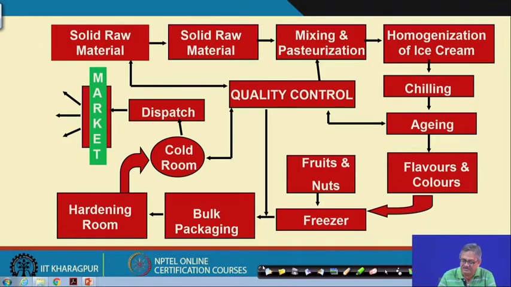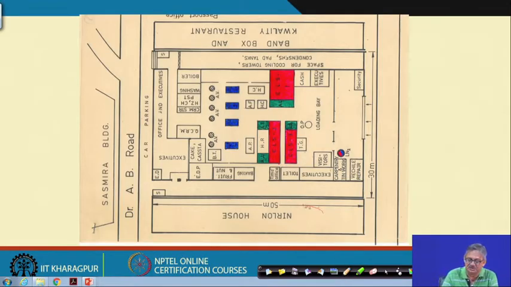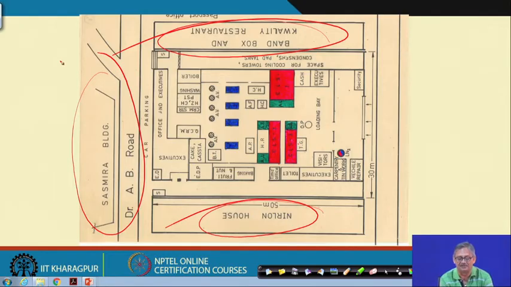Now, what are the parameters involved in this process flow chart? This is a typical ice cream making industry layout that I have given. Do not look at the name, because it is no longer there. I used to work there, that is why I could make it.